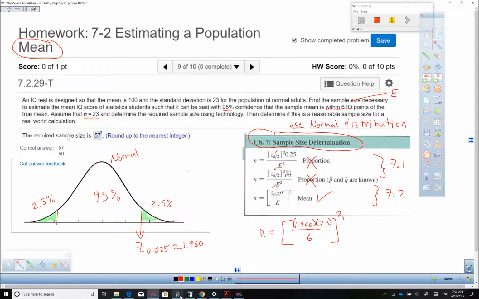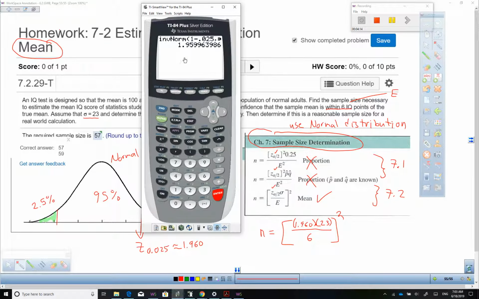So if you have that value in the calculator, all you have to do is multiply this times 23, which is the standard deviation of the population, all divided by 6, which is the margin of error. Press enter, and we need to raise that quantity to the second power.